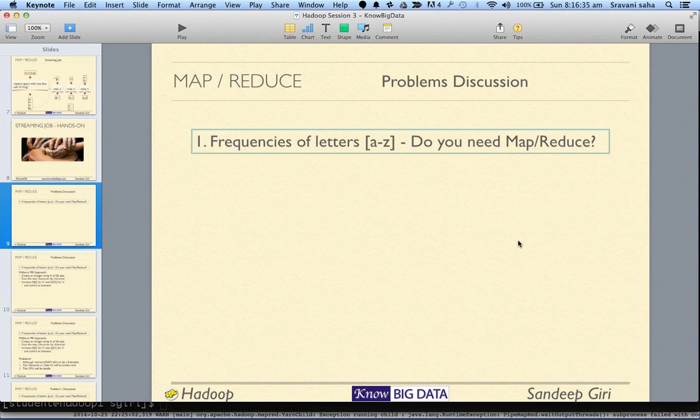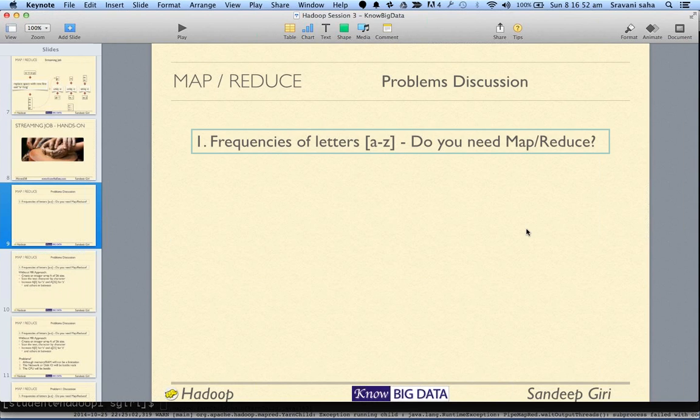Good. So Sai is saying that MapReduce is not required. To some extent, yes, he's right.